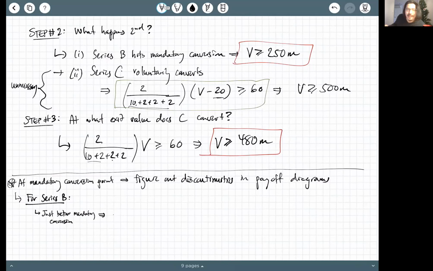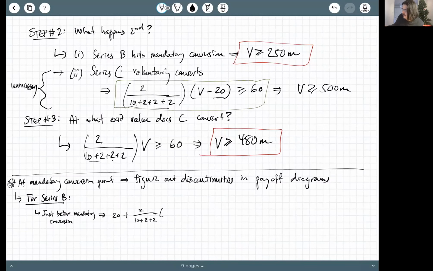Well, they would get their 20 million in participation, plus they would own 2 out of 14 million shares, right? The 10 million to Founders, the 2 million to Series A, and the 2 million in participation that they receive. What would be the residual value of common equity?